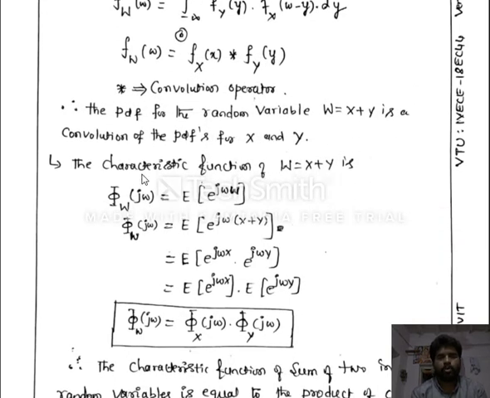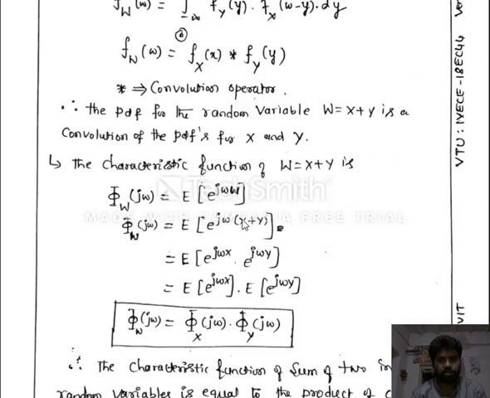Now we'll study how to determine the characteristic function of the sum of the independent random variables x and y. We know that the characteristic function is indicated by phi w of j omega. Here w represents the random variable, so it is defined as the expectation operator operating on e to the power of j omega w.